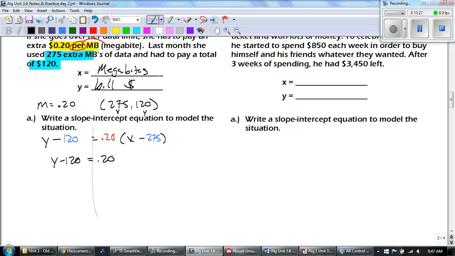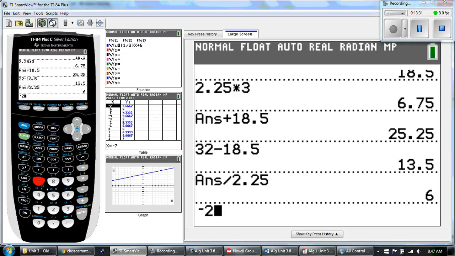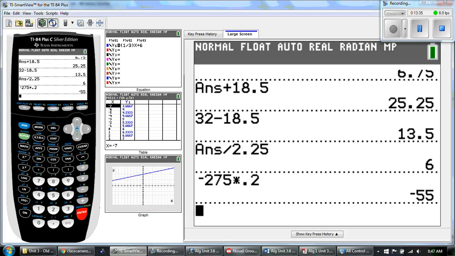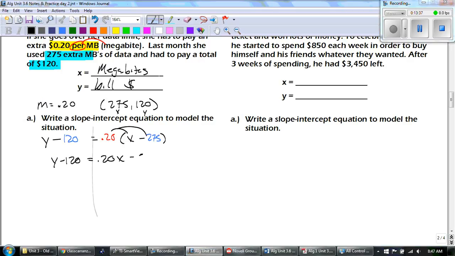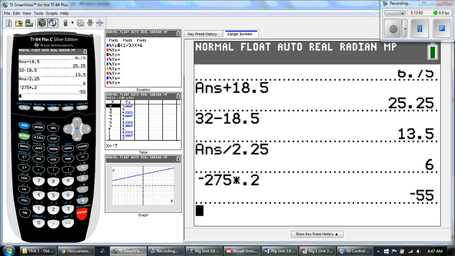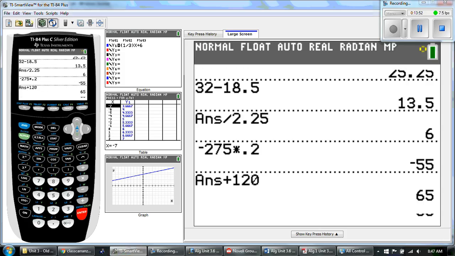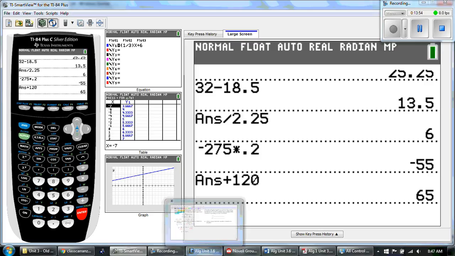So we get 0.20x, and then that's negative 275 times 0.2, and we get 55. And then we need to add the 120 over to both sides. And then we get y equals 0.20x. And then I'm going to add 120 to my answer to get 65.